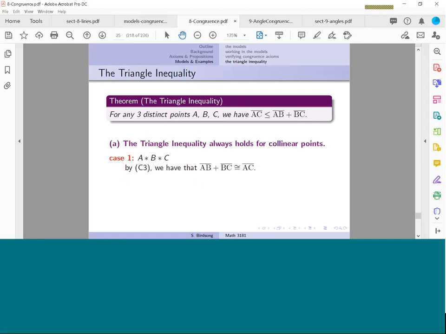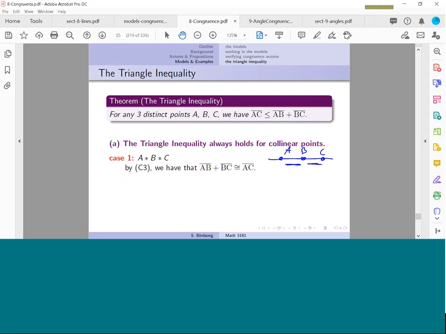And in that situation, let me go ahead and draw in a picture. So here's our 3 points. There's A, there's B, and there's C. And if you apply the third congruence axiom that we literally just talked about, it says if you look at line segment AB, you then look at line segment BC, you add them together, that should totally be congruent to line segment AC.